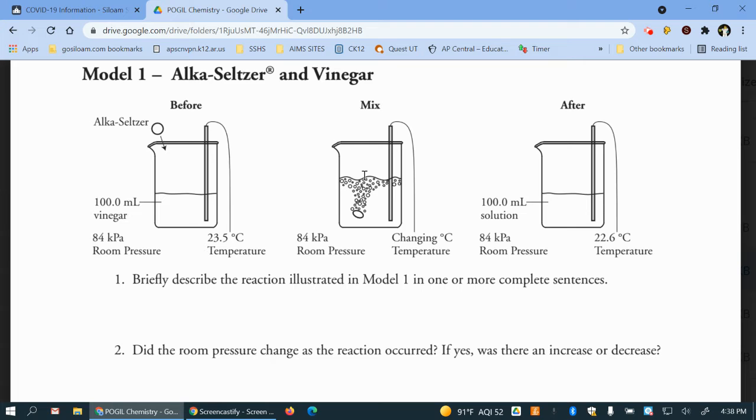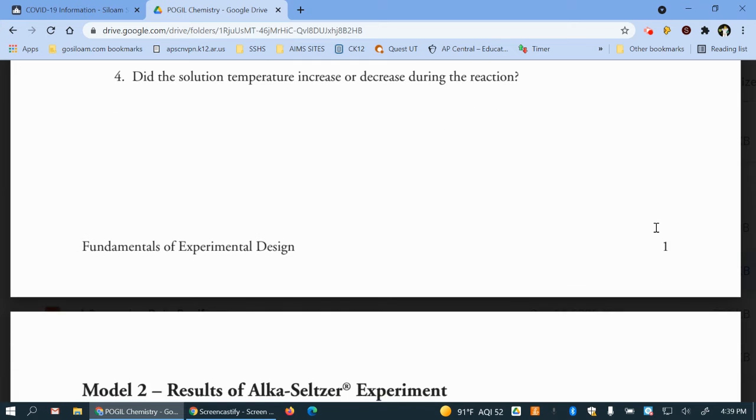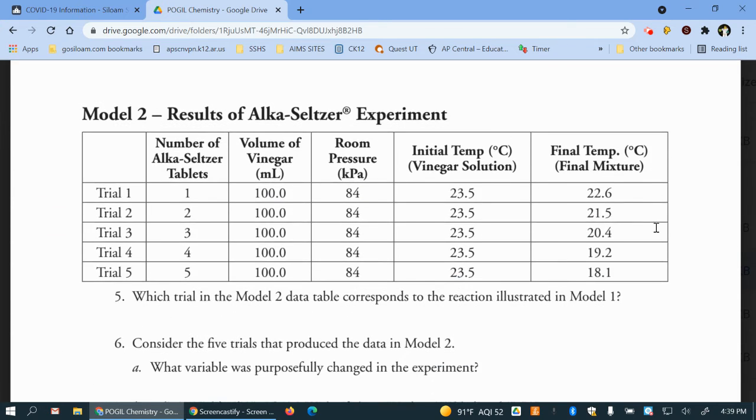The other thing that I saw that tells me a chemical change occurred is my temperature of the system changed from 23.5 degrees to 22.6 degrees. That means that energy was absorbed. Let's go to the next model.